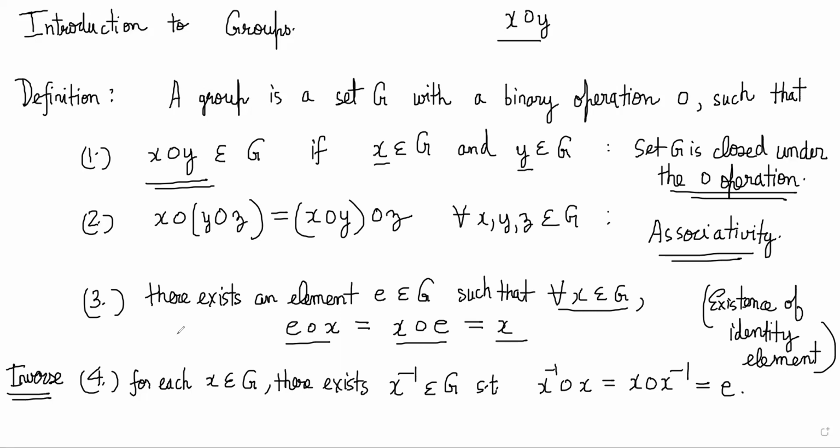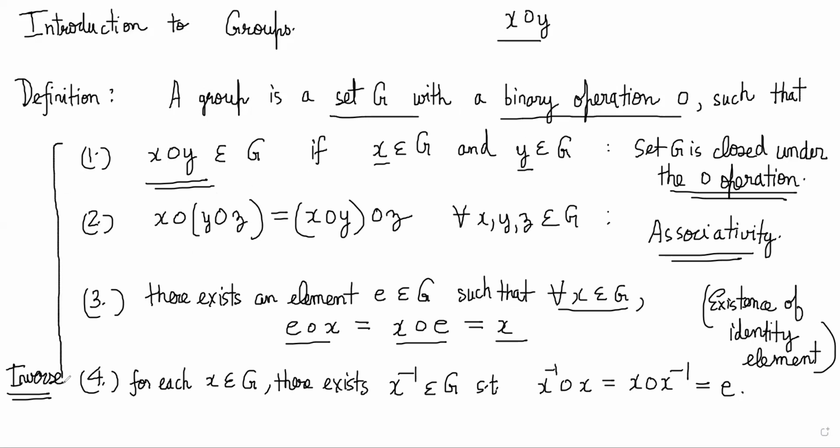So for every element x of the group, you should have another element in the group, called x inverse, such that the product of x and x inverse is always going to give you the identity element.